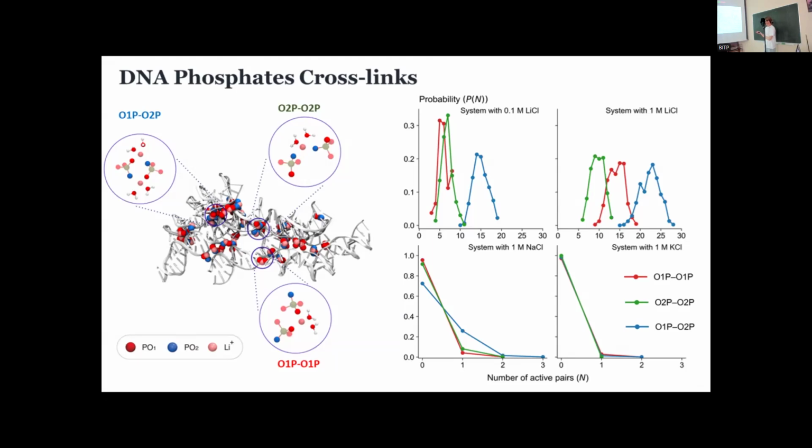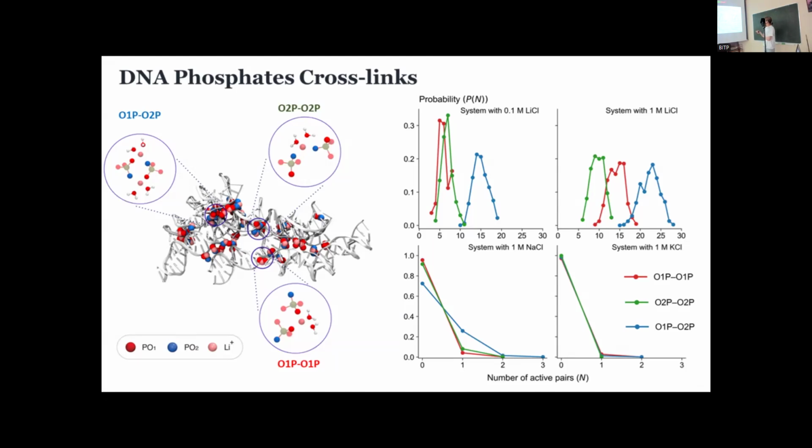Our results show that in the lithium chloride system, the distribution is broad, indicating multiple simultaneous active pairs. With the increase of the concentration of lithium chloride salt, the number of pairs also increases.